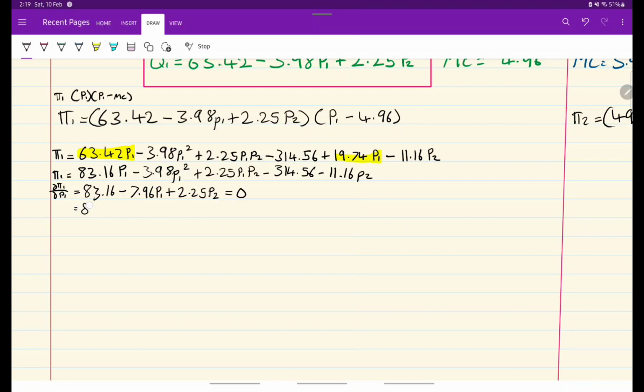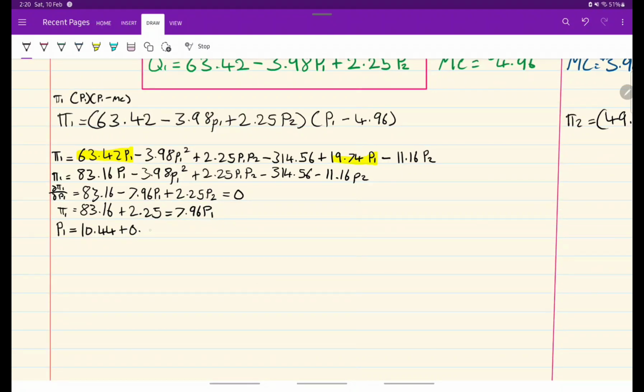You get 10.44 plus 0.282. And now you have a reaction function for P1.